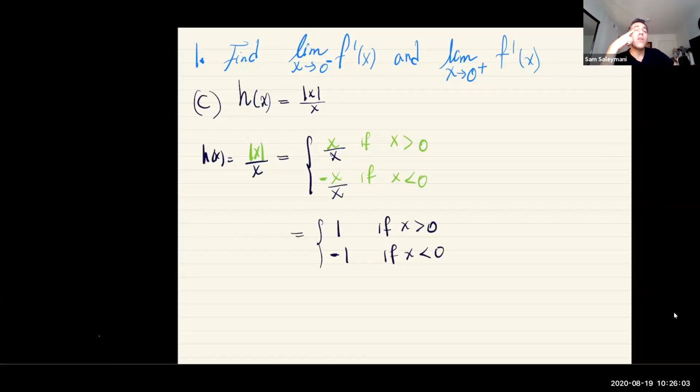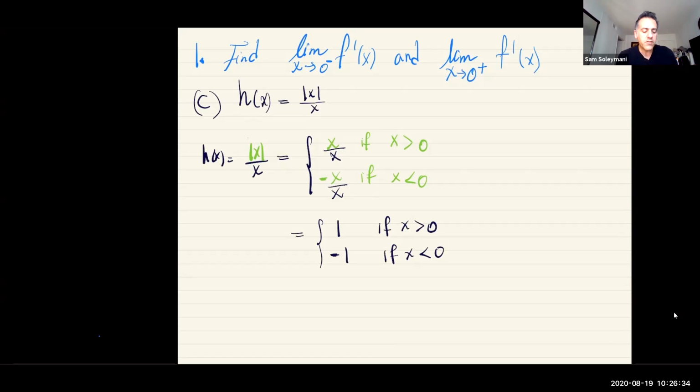If we are talking about the absolute value of x on its own, yes, you are absolutely correct. The absolute value of x is not differentiable at 0, but this function is absolute x over x. So what do you think?